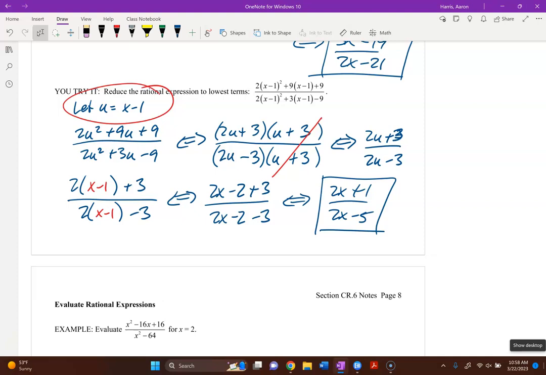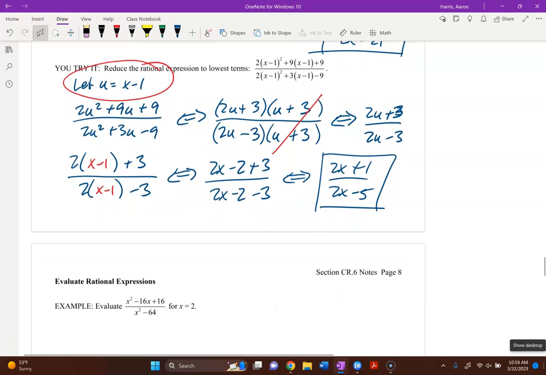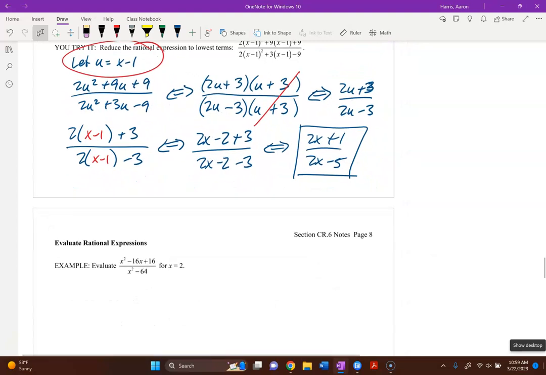All right, so for example, if we're given a rational expression, x squared minus 16x plus 16 over x squared minus 64, and they say it's evaluated for x equals 2, we're just going to throw in the 2, right? All we do, throw the 2 in for x, see what you get. You guys mind if I shrink that a little bit? So I got x is 2, x is 2, x is 2.